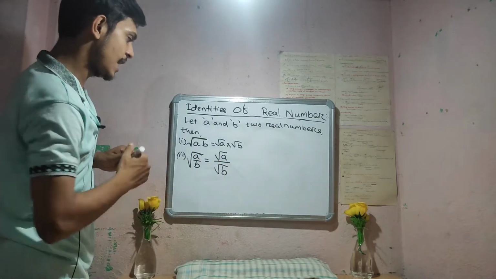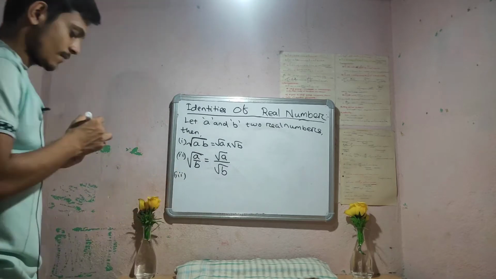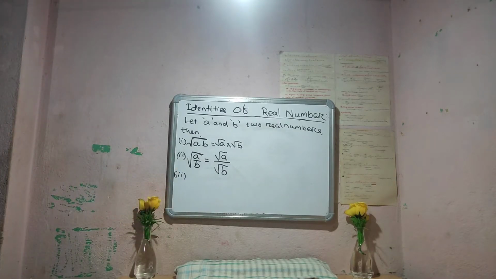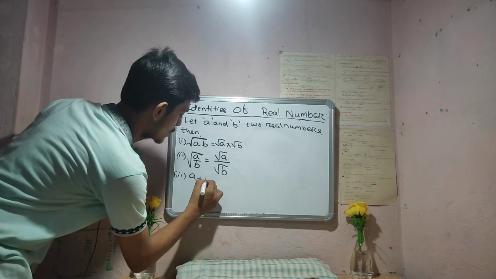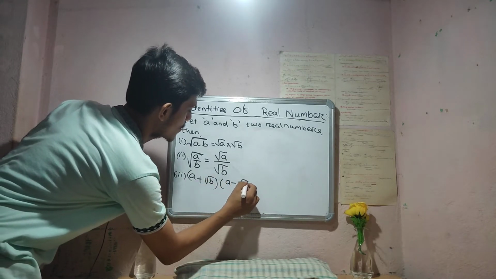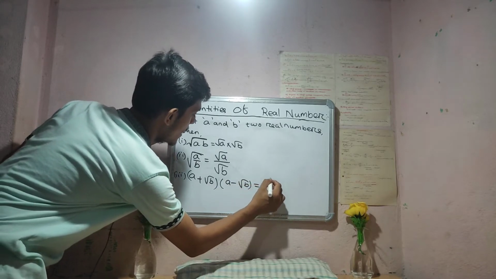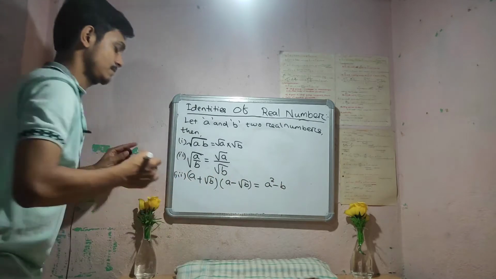Then the third identity here: a plus square root of b multiplied with a minus square root of b is equal to a square minus b.